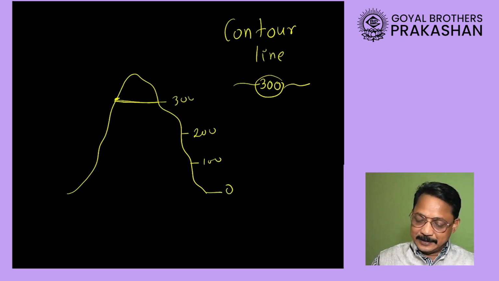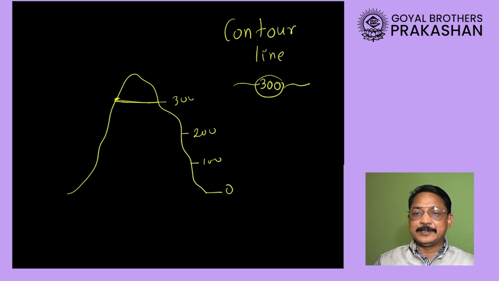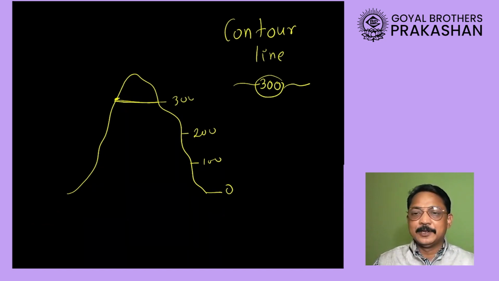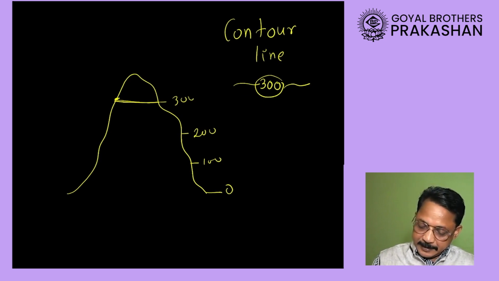It means this line is connecting the places having an altitude of 300 meter, and these lines are drawn with brown color. I'm using yellow color because it's a prominent color, you can see it very clearly. If I use brown color, this is 200 meter, so this side is also 200 meter above sea level.